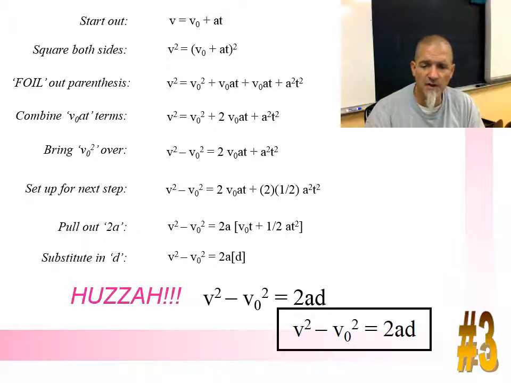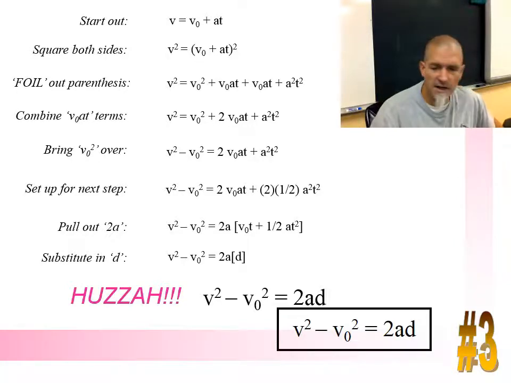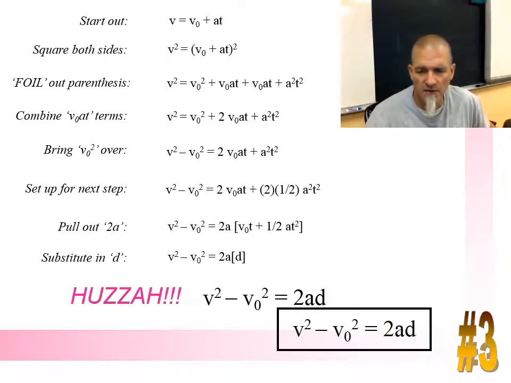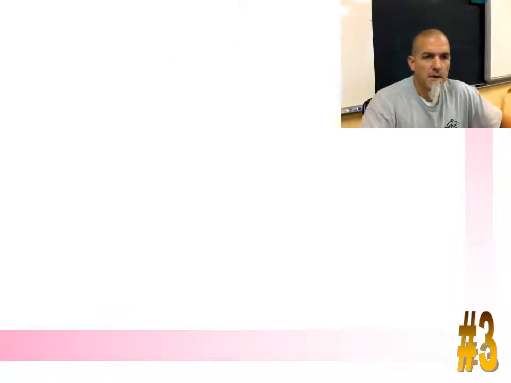Instead of using this one equation, for problems that involve this equation, you could use equation 1, then go back and use equation 2, but that's a lot of extra work. What this equation does is it's kind of a shortcut. It kind of eliminates the need for those two because it's a combination of the two where the time is factored out. We'll use this equation for problems where it doesn't give us any time or it doesn't ask us about time. As a matter of fact, let's look at an example of that.